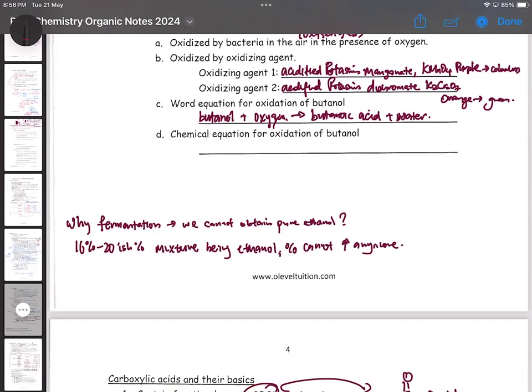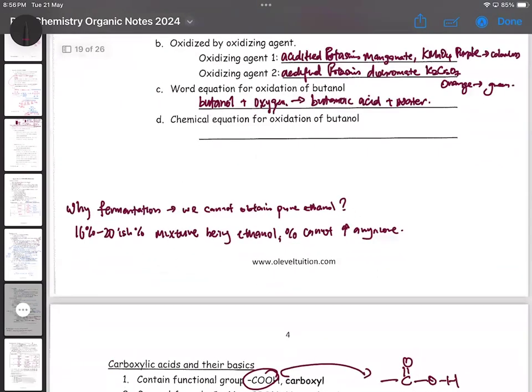If you look at certain alcohol, for example those industrial alcohols, in your container it may say maybe 60% ethanol. But over here, we say that we can only get 16 to 20%. So normally how this is done is that, first of all, we do fractional distillation to obtain 100% ethanol.